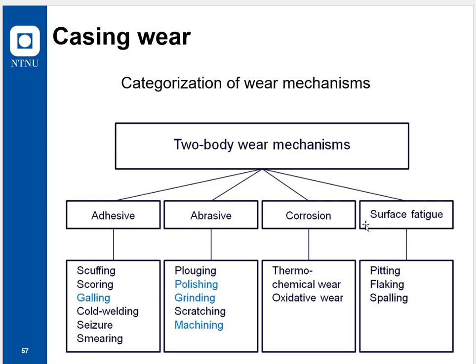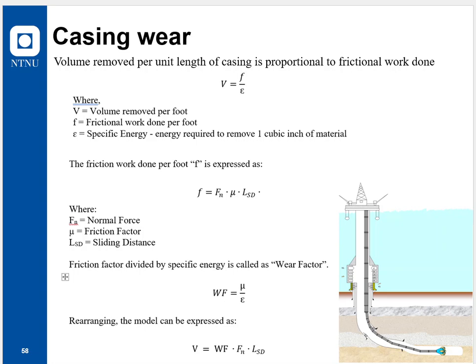There are other types of wear mechanisms. We are not going to cover them here because they are not part of the theory behind casing wear and what is in the software modeling casing wear.